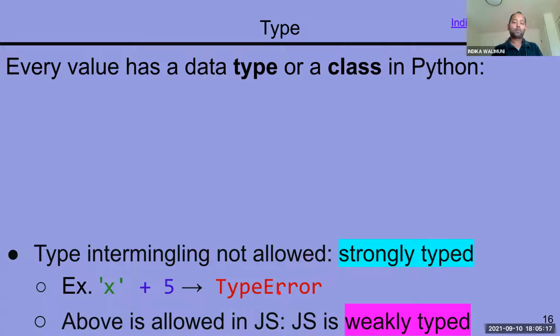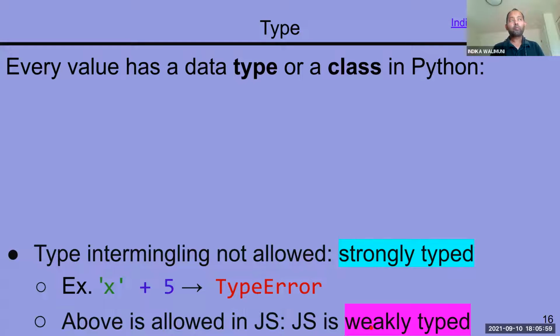That means type check is built into the language. It checks whether it is a valid operation or not. But JavaScript, on the other hand, will return x5. It takes x, which is a string, converts the 5 into a string, and then concatenates the two strings into x5. Python doesn't do it, but JavaScript does. So for that reason we call languages like JavaScript weakly typed.